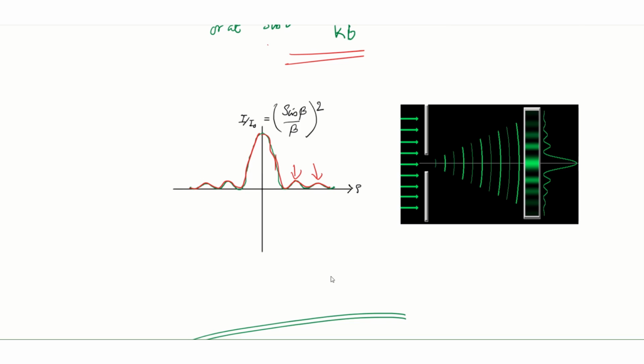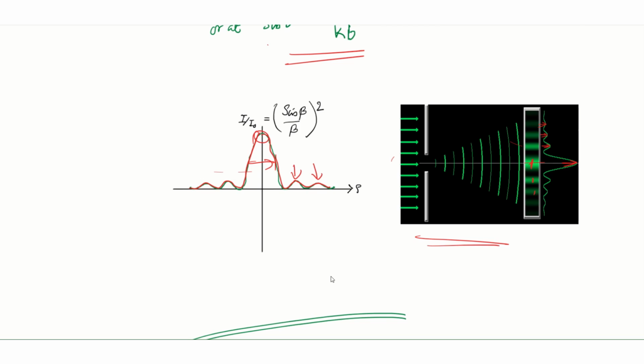If you look at the screen, the central width is much higher compared to the other ones, and it is also more intense. This picture here is a realistic one, and therefore it is the maximum intensity at the center, with many secondary maxima at regular intervals.